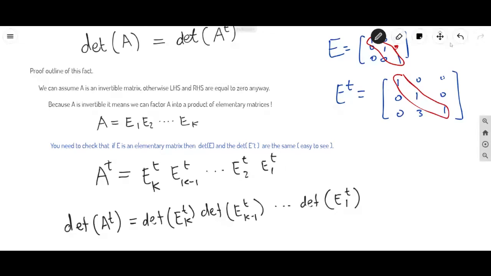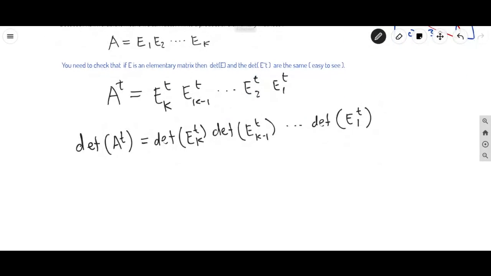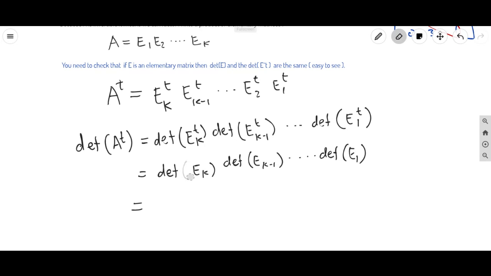But we just said that the determinant of an elementary matrix and its transpose is the same. So this is the same thing as the determinant of EK without the transpose, the determinant of EK minus 1, down to the determinant of E1. But these are numbers, these are no longer matrices. Because these are numbers, they can be rewritten and multiplied in the opposite order.